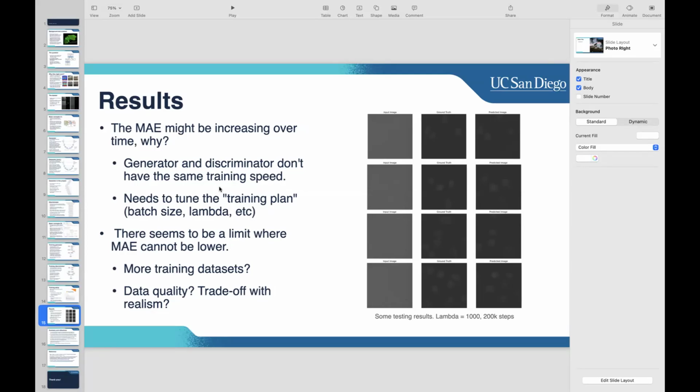So to make this training more efficient, we have to tune the training plan: the batch size, the lambda, or maybe even the data set. And there seems to be a limit where the MAE cannot be lower. MAE cannot be zero, that's for sure, because after all, this is a predicted image, not the ground truth.